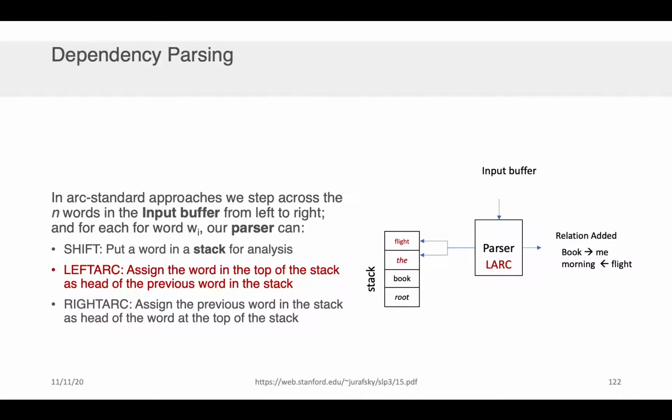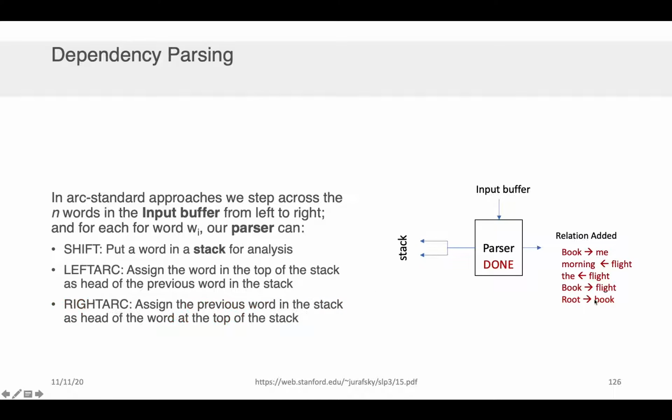There's another left arc relationship that exists here, which, as you can see from the arrow's direction, just says that flight points in the graphical sense to morning and flight points to the. And we might say that there was a right arc relationship between book and flight. And then finally, because we're at the end, we know that root must refer to book, and we've completed our parsing.